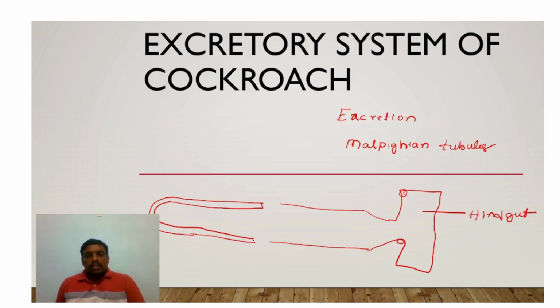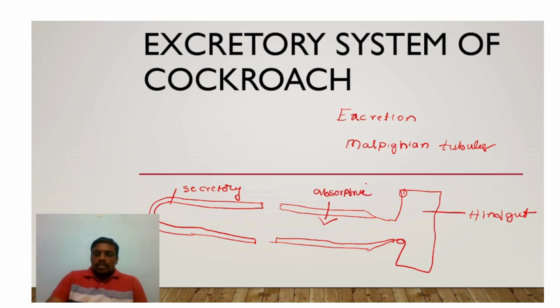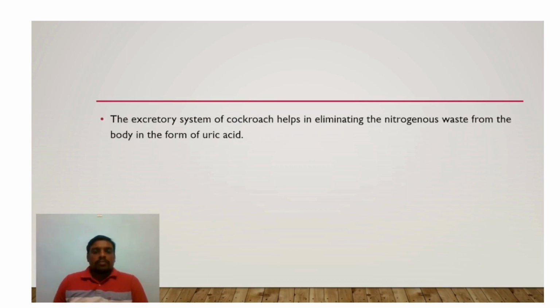These are lined with specialized cells. This is the secretory part of the Malpighian tubule, whereas this is the absorptive part of the Malpighian tubule. Now let us see how the excretion is performed.